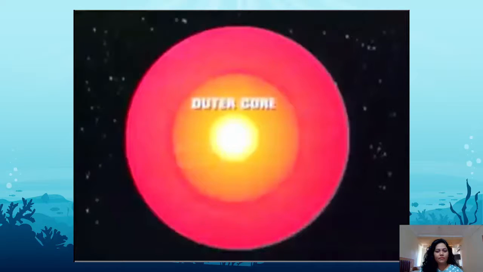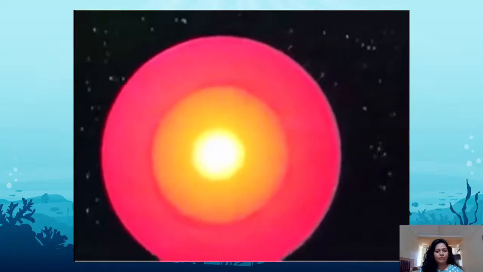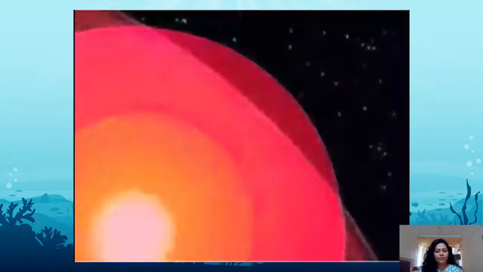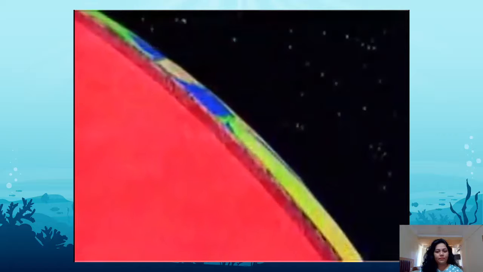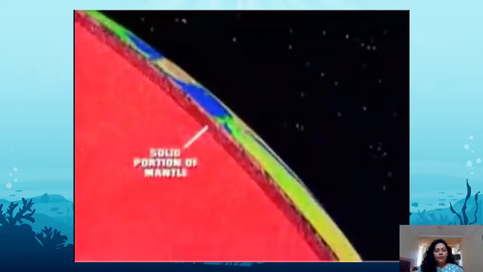The outer core, which is believed to consist of rocky material so hot and under such great pressure that it is in a liquid state. The mantle, which is not as hot as the outer core and not as liquid. The mantle's outermost portion is solid.